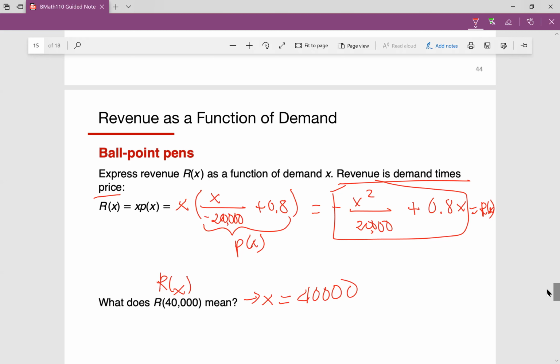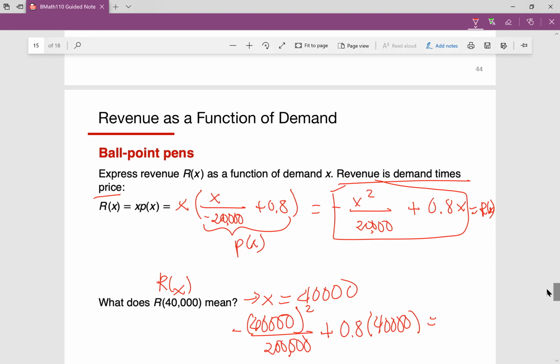When you plug into the function, you have negative 40,000 squared divided by 200,000, plus 0.8 times 40,000.